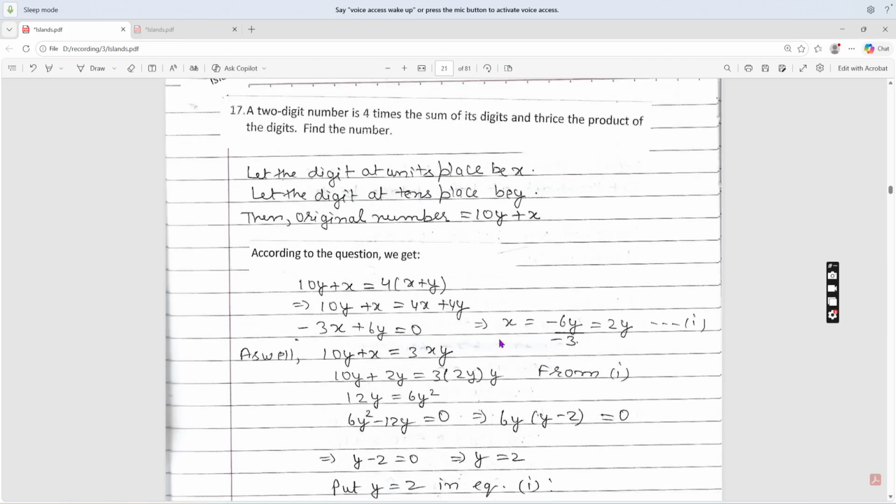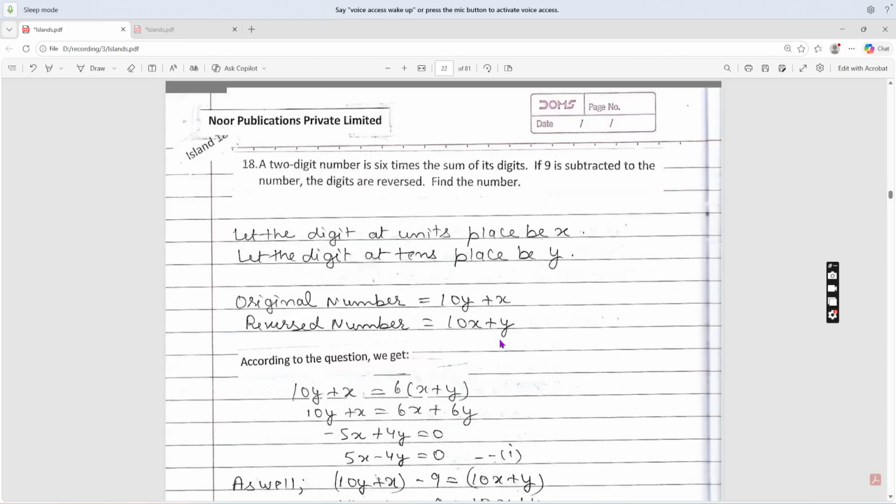Answer is done. Okay, next we will see: a two-digit number is 6 times the sum of its digits. Firstly, again we are going to do all the 4 parameters. Let the digit at unit place be x, let the digit at tens place be y. Original number would be 10y plus x, reverse number would be 10x plus y. Why? Again, I can explain it. Whatever the digit at tens place, we have to multiply by 10, so it would be 10y.